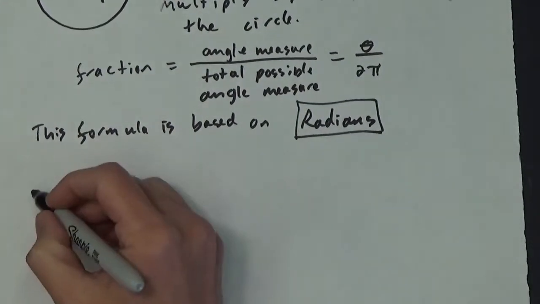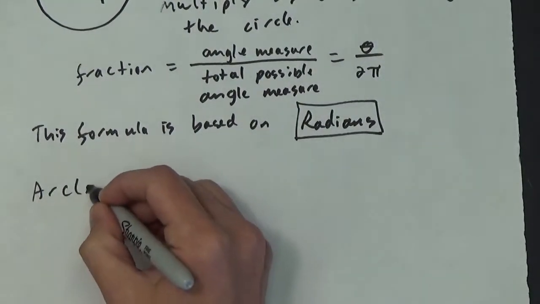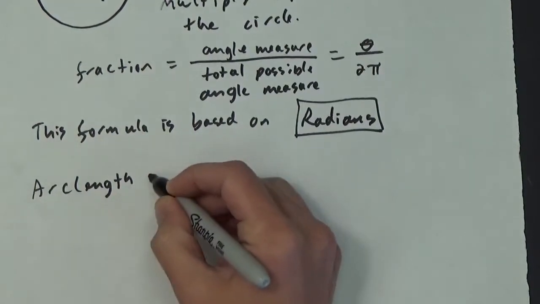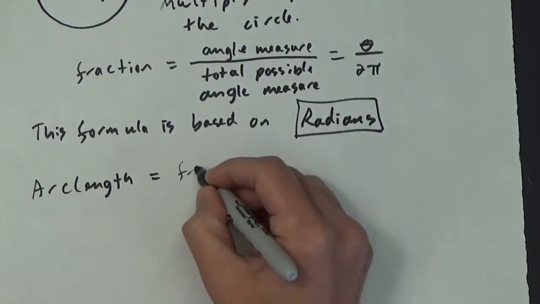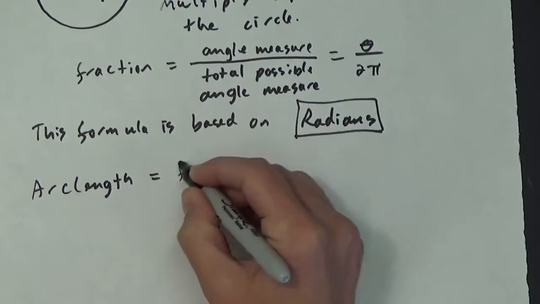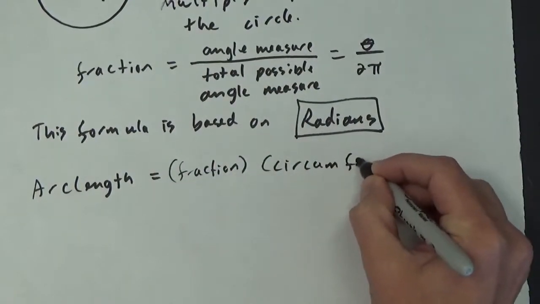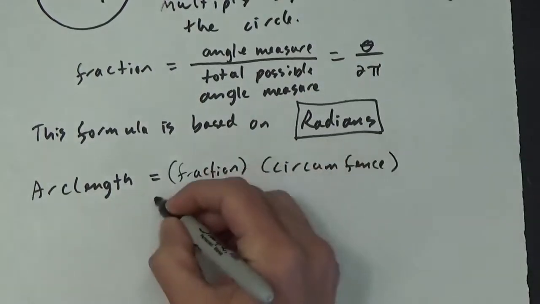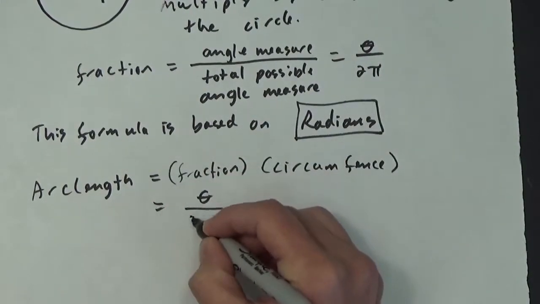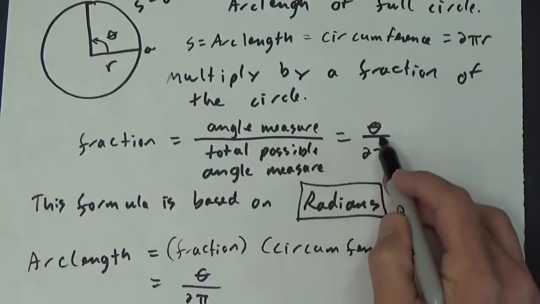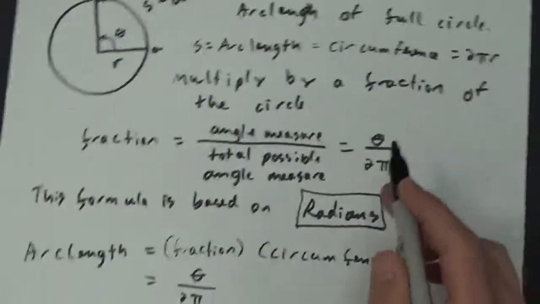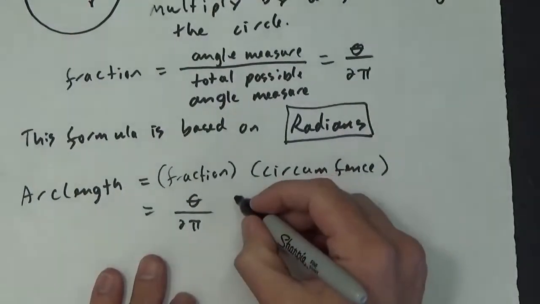Now we can look at the arc length as equal to our fraction times the circumference. And so that's going to be theta over 2 pi, that's our fraction, times the circumference, which is 2 pi r.